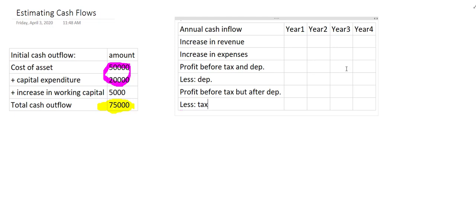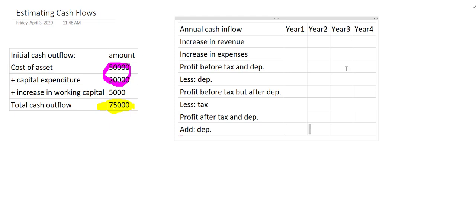Then whatever is the tax, the result of this one will be profit after tax and depreciation, right? DEP. So then after this, once again, we have to add back depreciation, DEP, right?